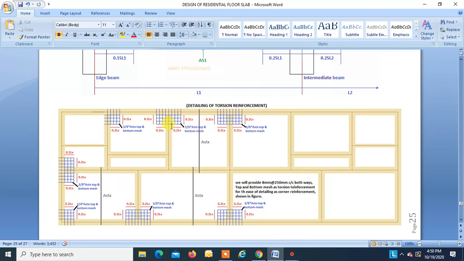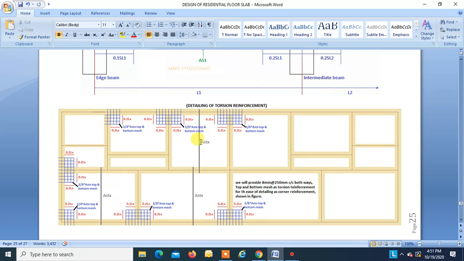This is one, this is another. This is 0.2 Lx, this is 0.2 Lx, this is 0.2 Lx. This Lx you can keep the same, the greater Lx. Say this Lx is 3 meters and this Lx is 4 meters. Then to keep the uniformity, take the greater Lx, right?